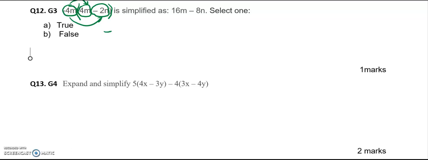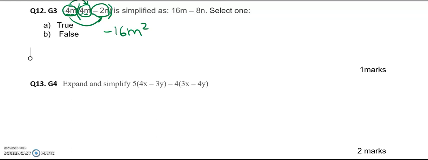Then I'm going to multiply the two numbers in front of these. So 4 and 4, which gives us 16. And then m times m gives us m squared. Now I'm going to do minus 4m times minus 2n.